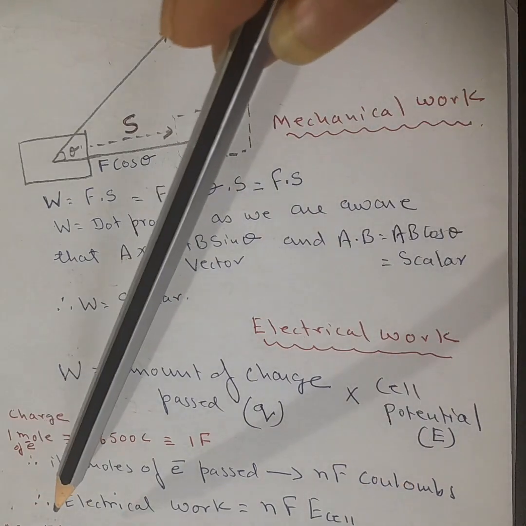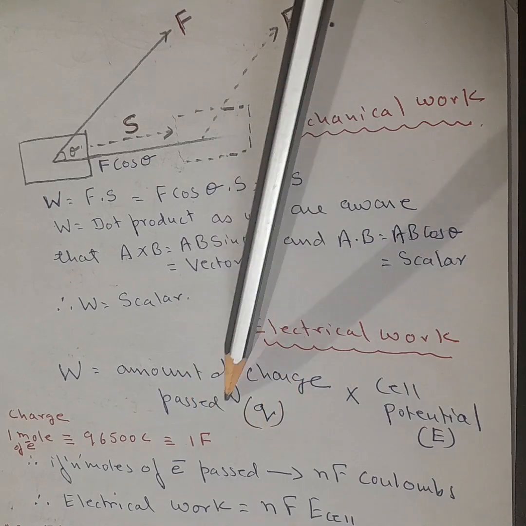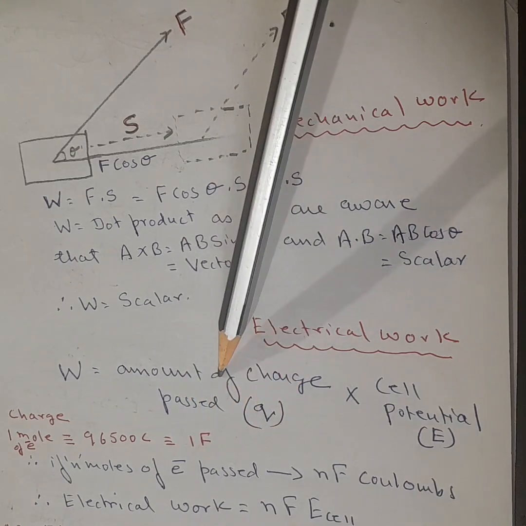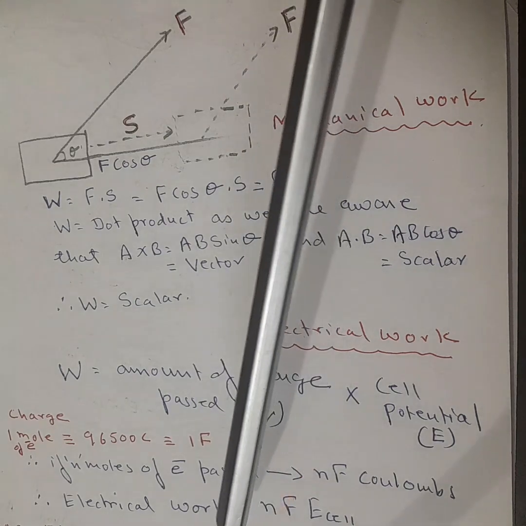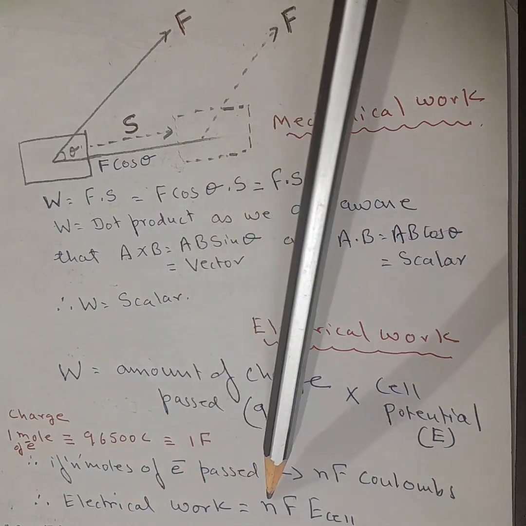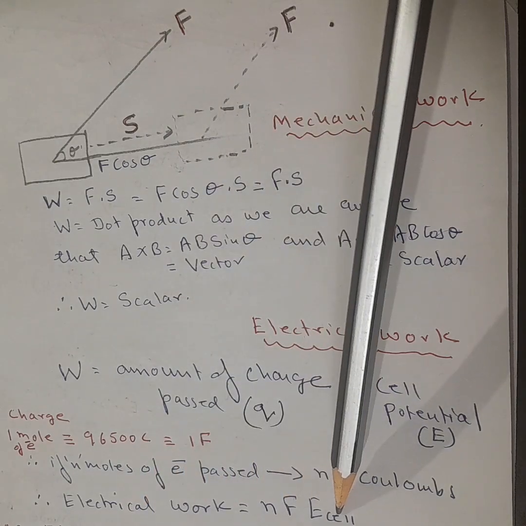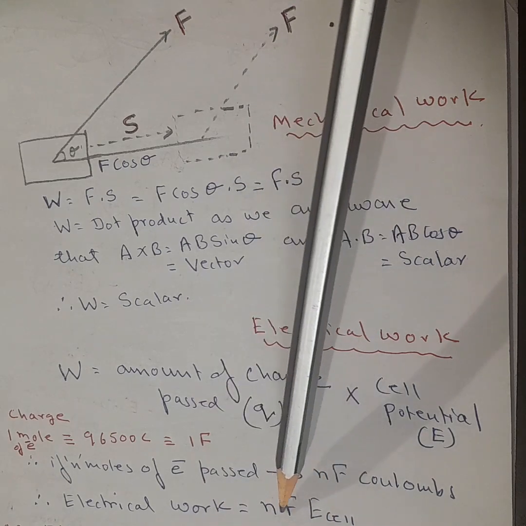Alright, now so let's get back to the formula. So right now amount of charge passed is nF. So formula for electrical work would be nF Ecell. Alright, so this becomes the electrical work.